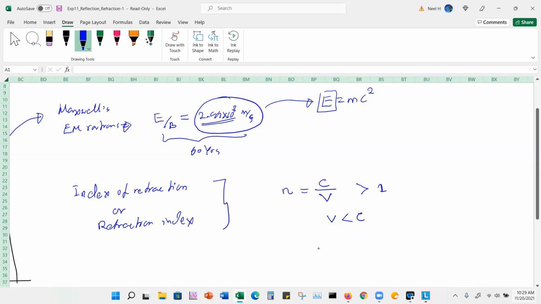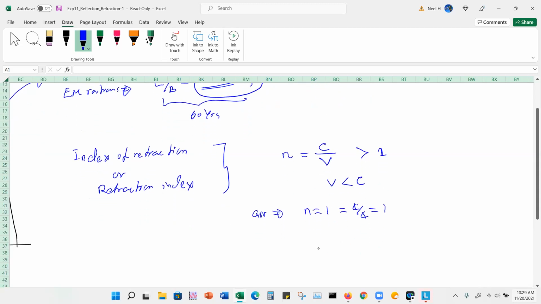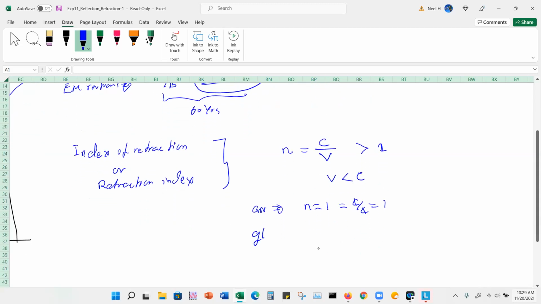So usually if I have a medium of air, then I will get N equal to 1, because it's basically C divided by C. It cancels out to 1. But if I have a medium like, for example, glass, then N is about 1.5, which means the light's speed inside that medium is much less compared to the ultimate speed of the light.